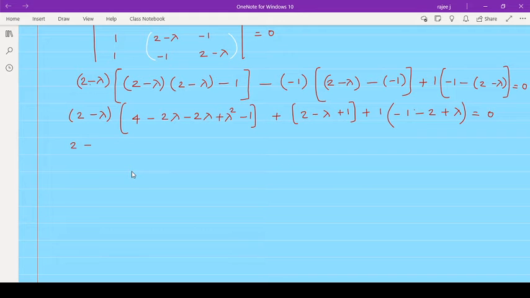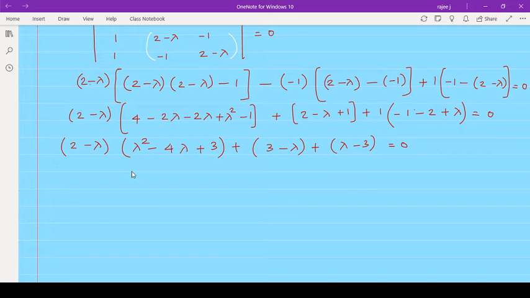So this is 2 minus lambda into, simplifying, lambda squared minus 4 lambda, then 4 minus 1 is 3, plus 2 minus lambda plus 1, which means 3 minus lambda, plus lambda minus 3 equal to 0.